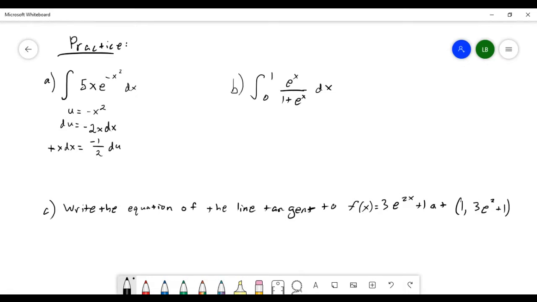So we can rewrite this as negative 5/2 integral of e to the u du, which is negative 5/2 e to the u plus c. So our answer is negative 5/2 e to the negative x squared plus c. Nice work.